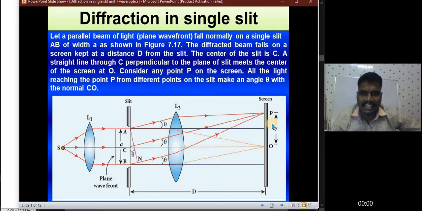All the light reaching the point P from different points on the slit makes an angle theta with the normal CO.